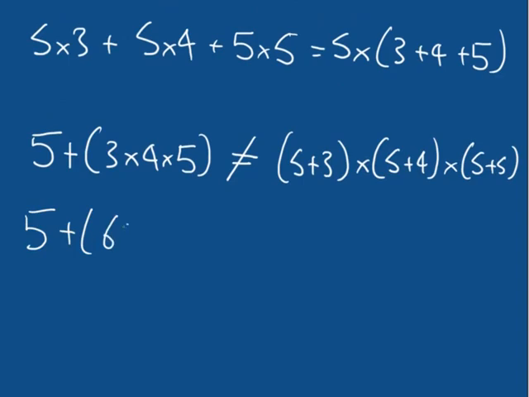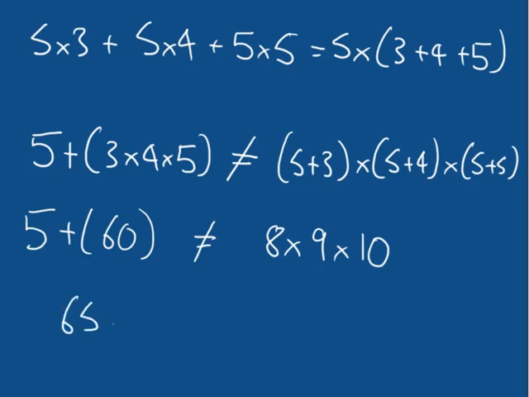So 5 plus 60. And we can see that that's not equal to 5 plus 3 is 8, times 5 plus 4 is 9, times 5 plus 5 is 10. So 5 plus 60 is 65, and that's not equal to 8 times 9 is 72, times 10 is 720.